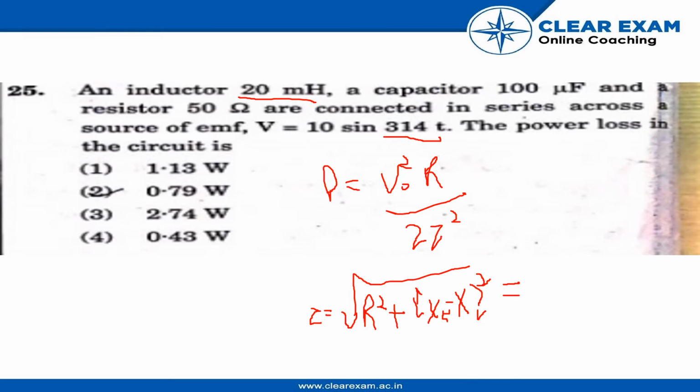So the value of XL will be 314 into 20 into 10 raised to minus 3. After solving this, we will find the value of XL to be 6.28 ohm.